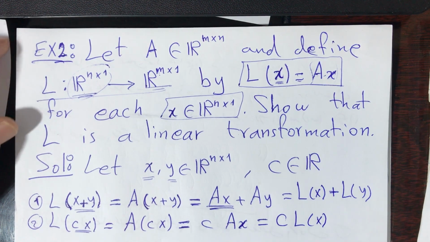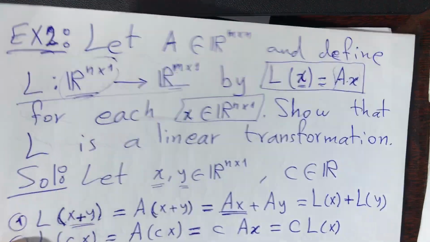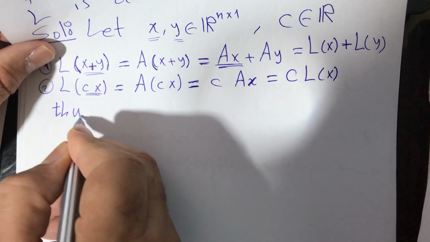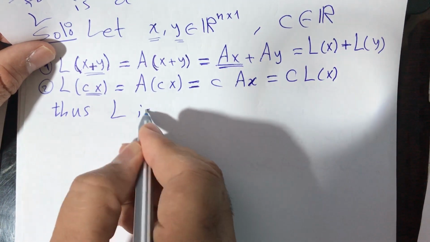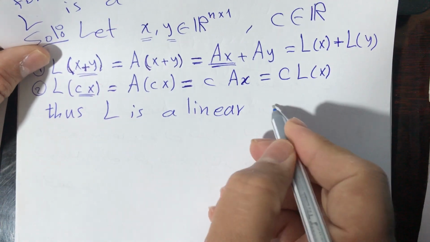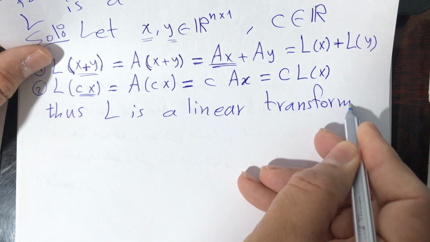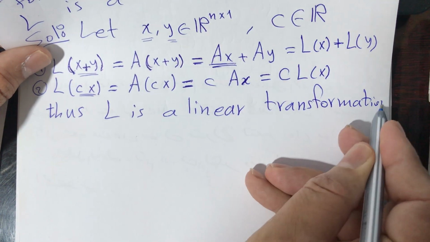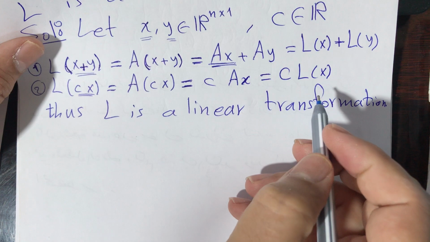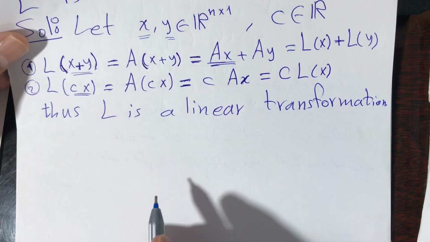Thus L is a linear transformation. I think this is easy.